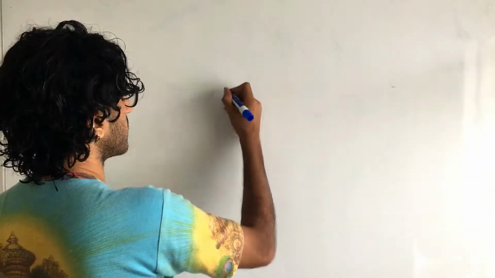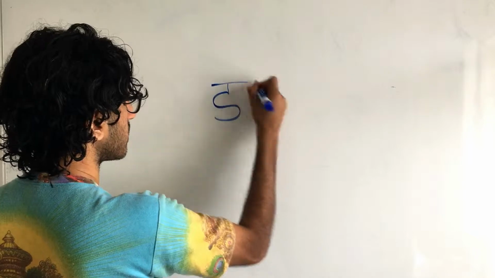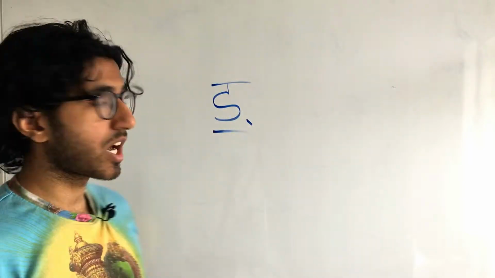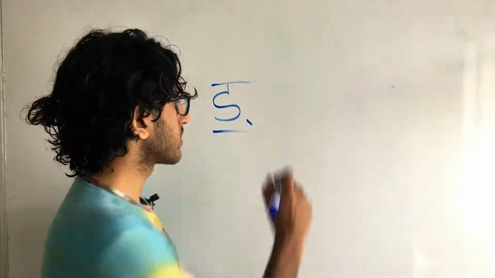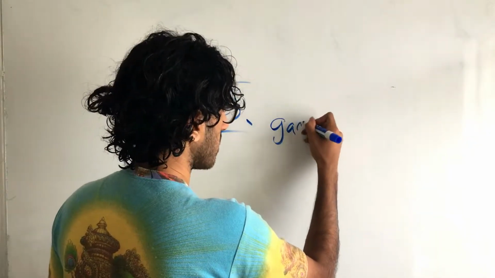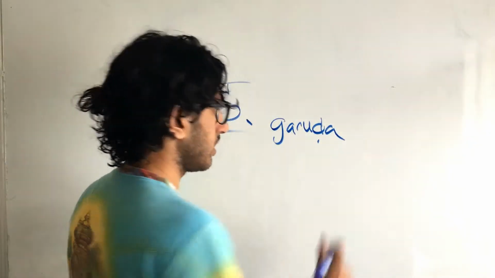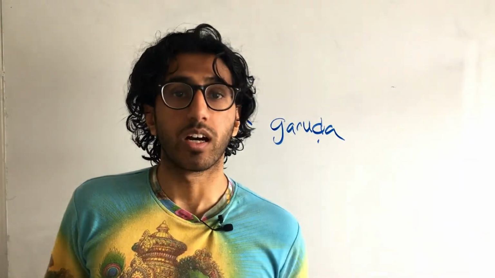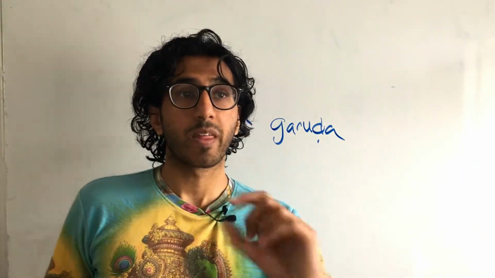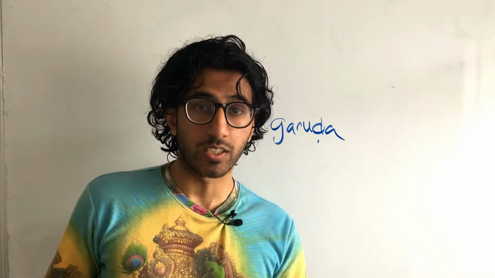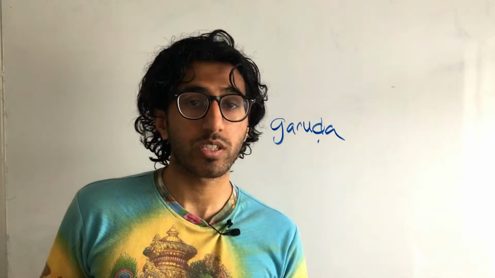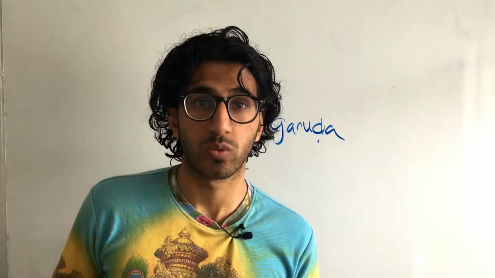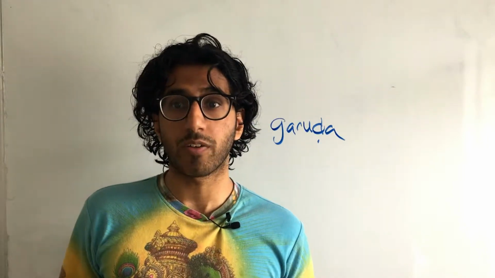The next one is da. For example, we have the word Garuda. Garuda is a deity in Hinduism, associated with Bhagavan Vishnu, and he is often very helpful.